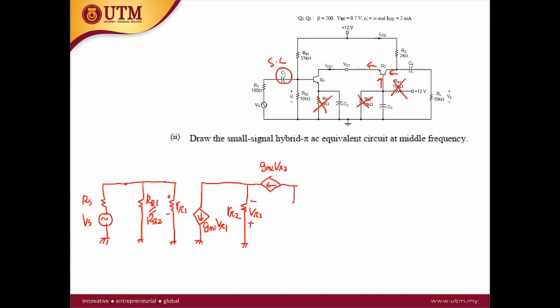At the collector, you have the RC, and lastly we have the RL. So this is the small signal hybrid pi AC equivalent circuit at the midband.